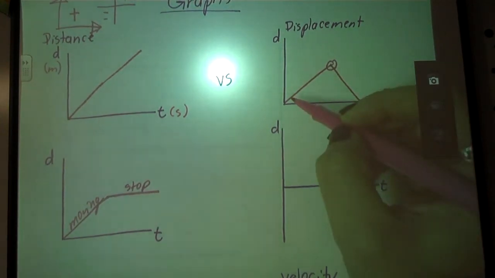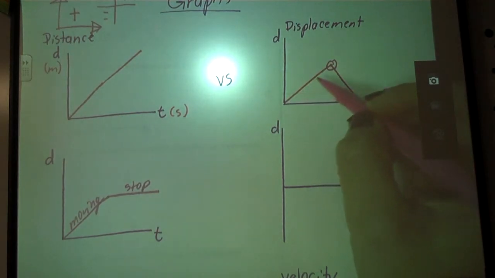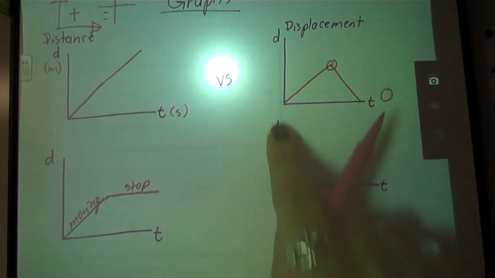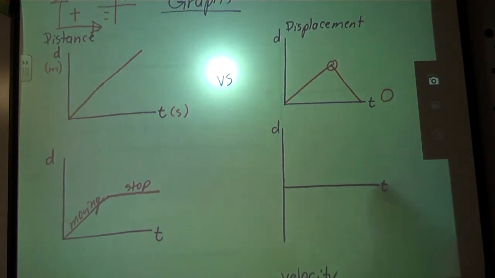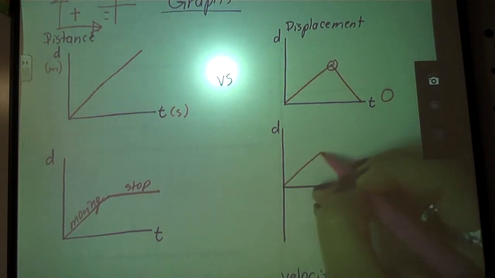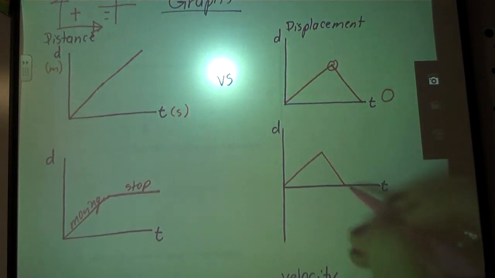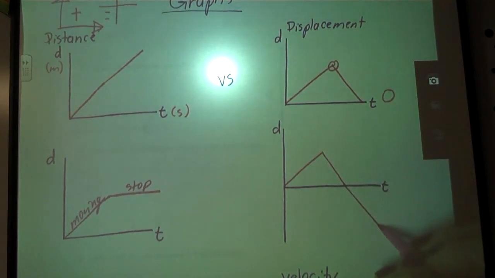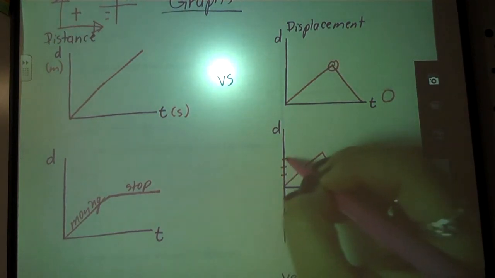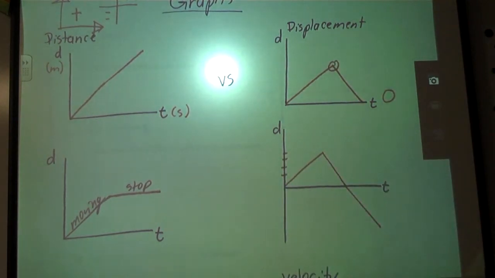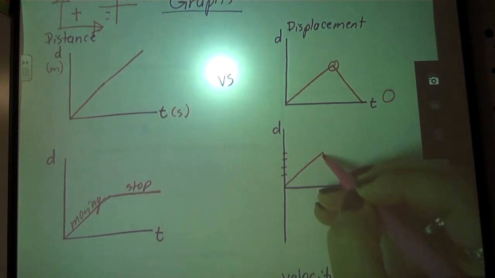Since we are including both distance traveled and direction taken, now all of a sudden we introduce the idea of possibly negative displacement. Let's say that person walked 10 meters, turned around, came back to their starting point, and then kept going. If you think about this, numbers are increasing up the number line as we are increasing our distance from our starting point, and then I turned around and I came back.